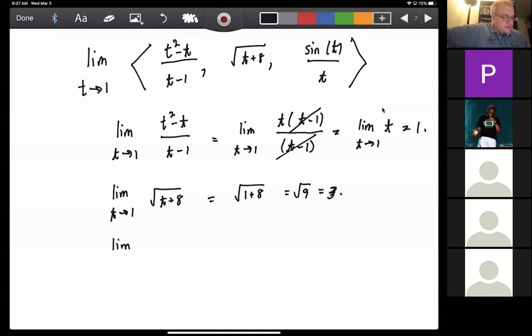And for the third component, you might remember this special trig limit, or you could do L'Hopital's rule. The derivative of the sine is the cosine. The derivative of t with respect to t is 1. And now, in fact, you can evaluate.